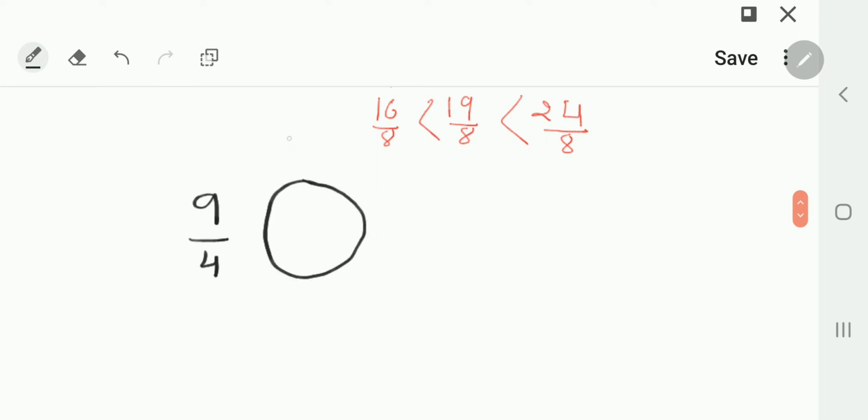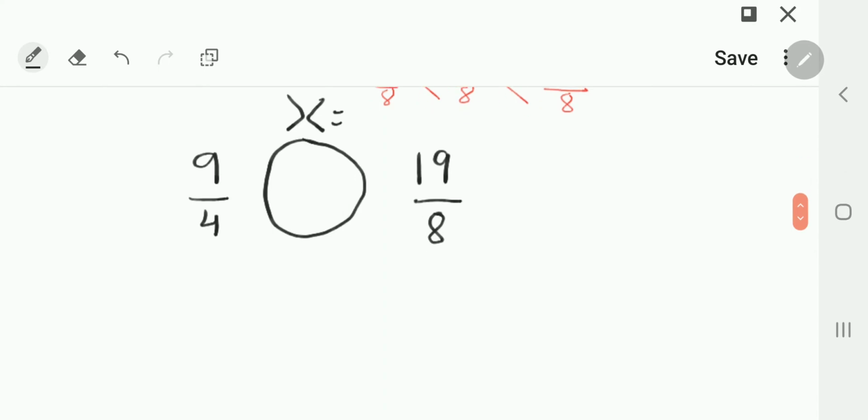Is it greater, less, or equal than 19/8? Very good. So now it's a little bit confusing because I cannot just say 9 is less than 19, so this is smaller than this, because I'm not sure.